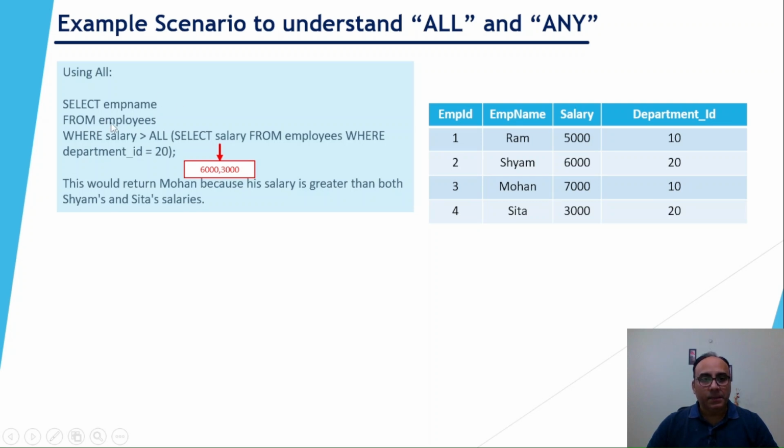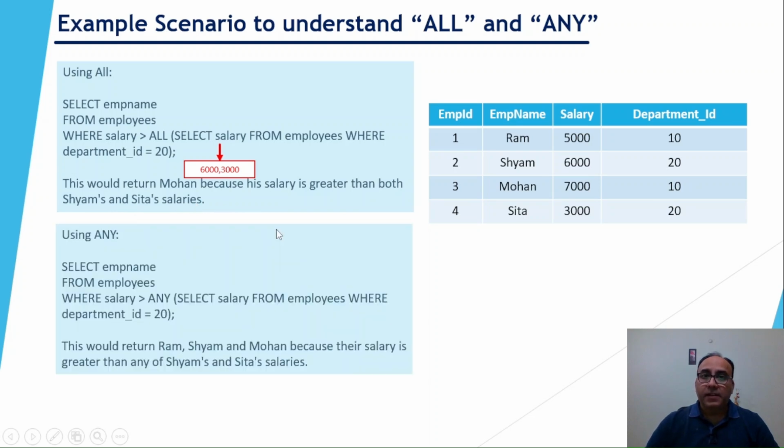Looking at the table, we have only one row, 7,000, where salary is greater than both 6,000 and 3,000. So this would return Mohan because his salary is greater than both Shyam's and Sita's salaries.